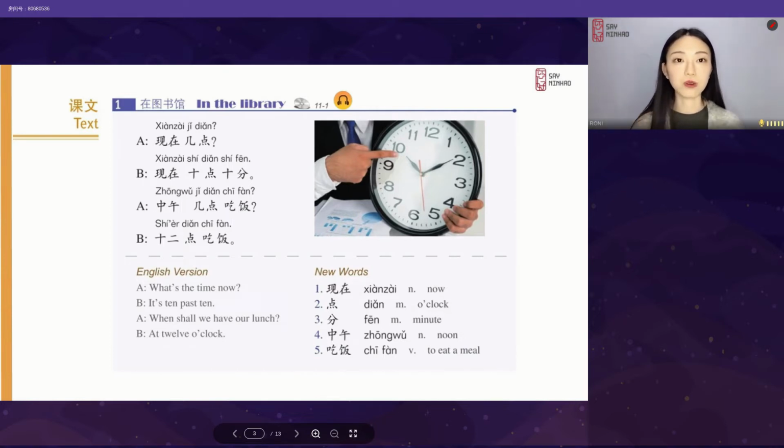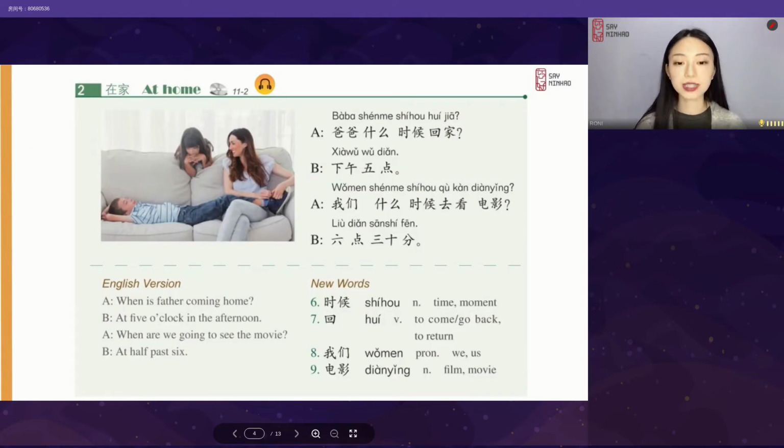Now let's switch the row. You will be A. 3, 2, 1. 现在10点10分。12点吃饭。Okay, very good.